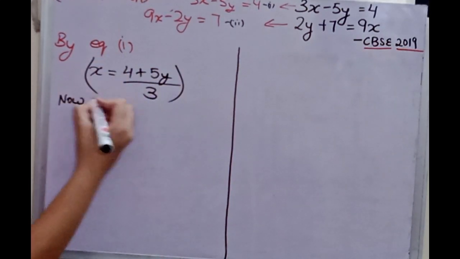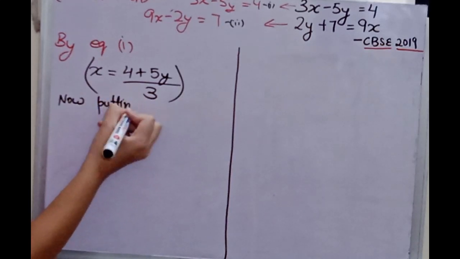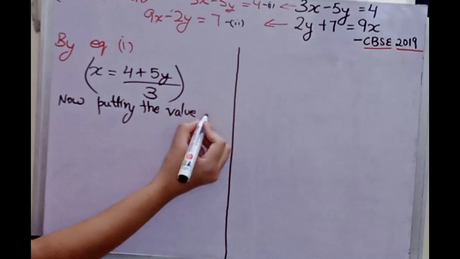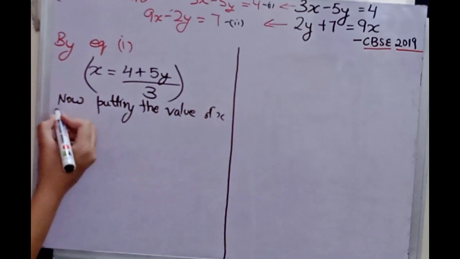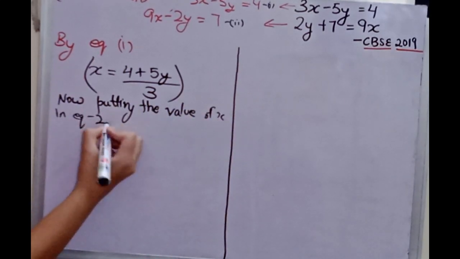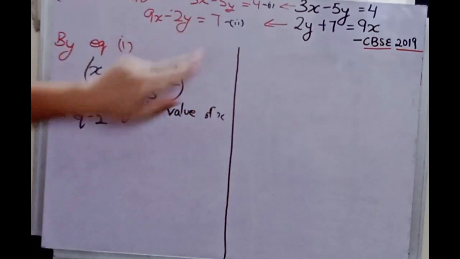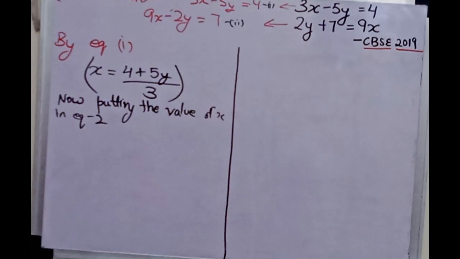Now we are going to put the value of x in equation number 2. The second equation is 9x minus 2y equals 7.